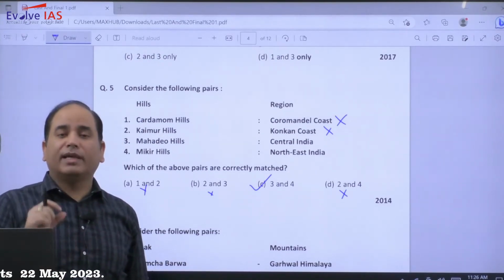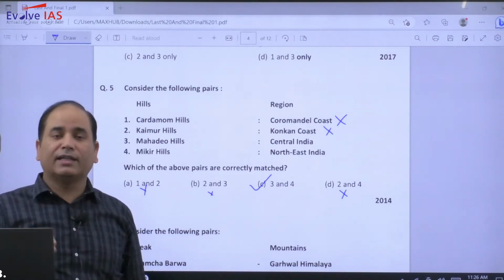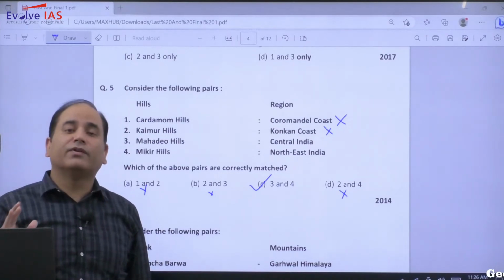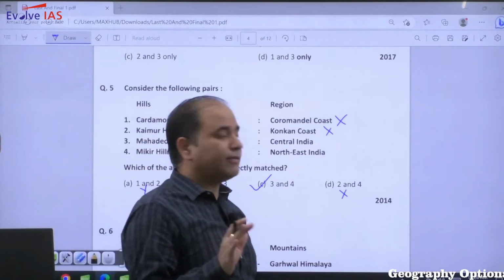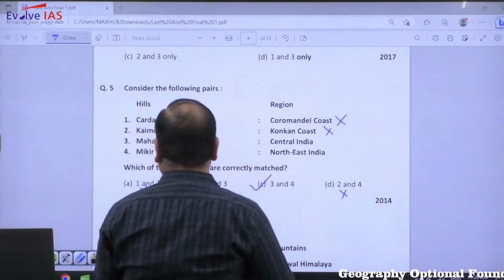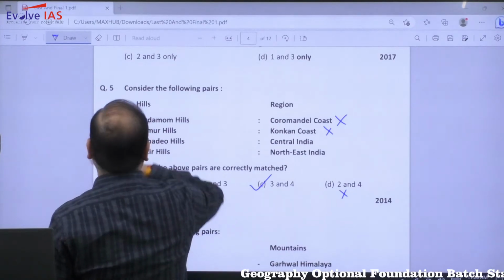If you know the major location, if you have done the major things of our country, there will not be any problem for you to locate, to get the right answer in case of map based question. So fifth answer is C.